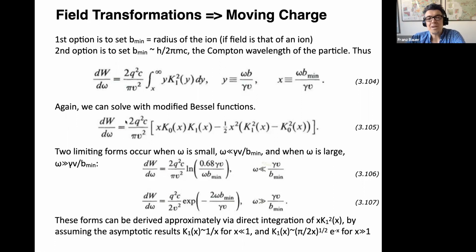But we have some constants out here, and I forgot this is velocity. I should have put the actual v there. So we have a modified 0 order Bessel function, 1st order, and then a 1st order squared and a 0th order squared. So this thing is pretty ugly, but it can be evaluated numerically.